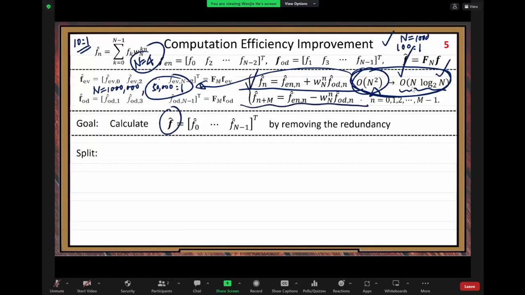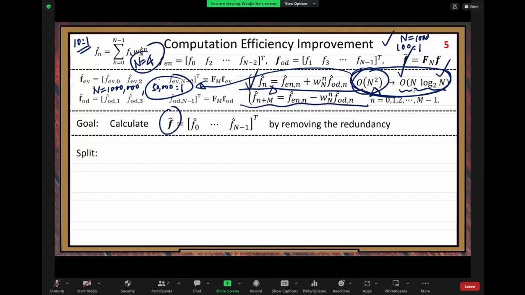So that means we should use this structure: first half, second half. And then we want to explore the duplicate computation. First half, second half, they are closely related. You can see these two formulas are closely related.